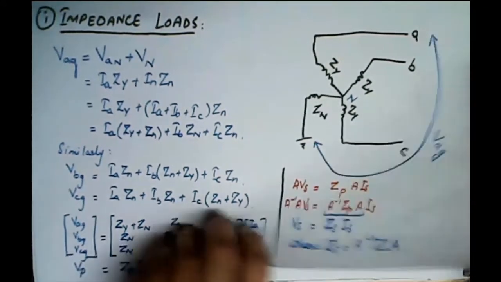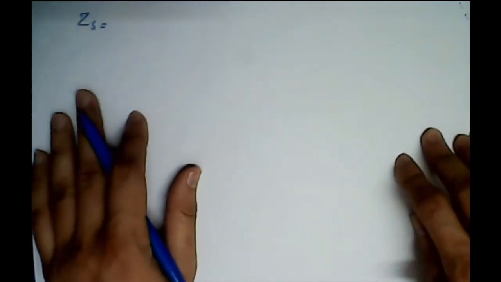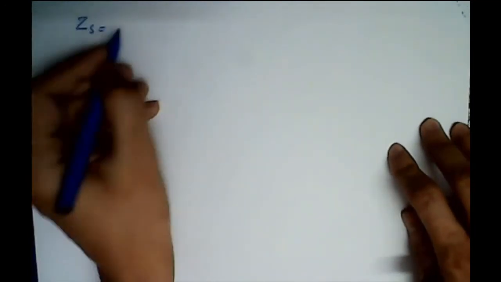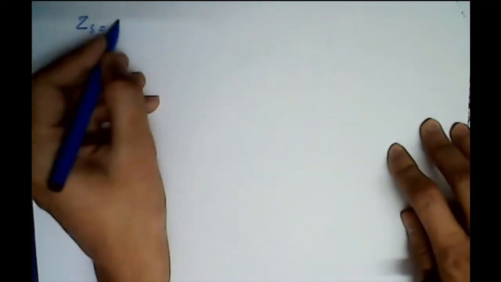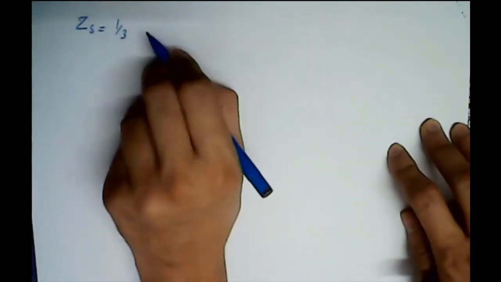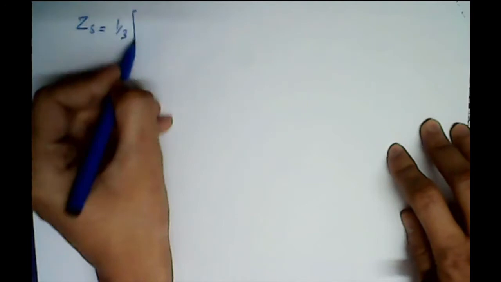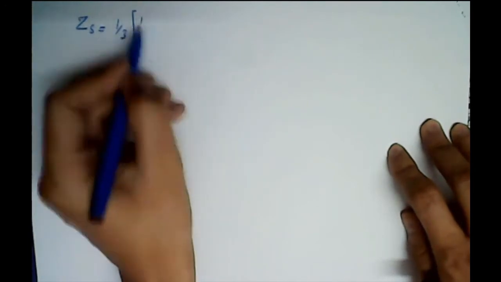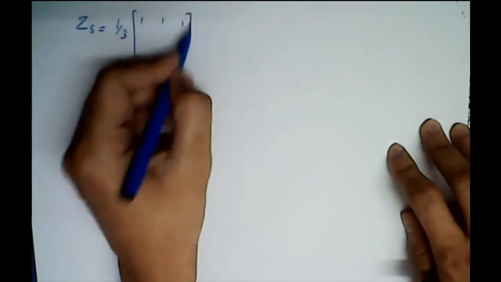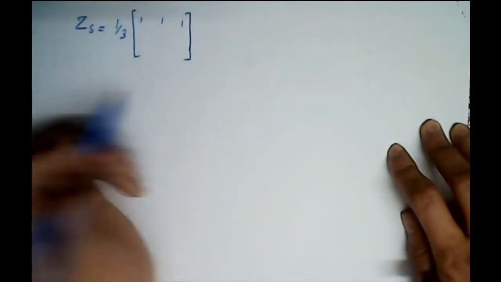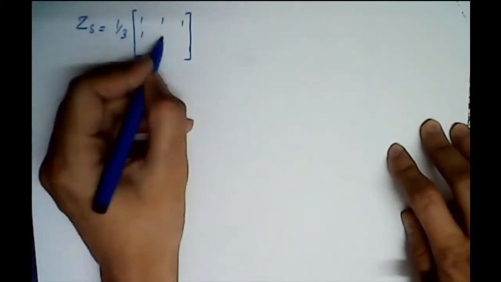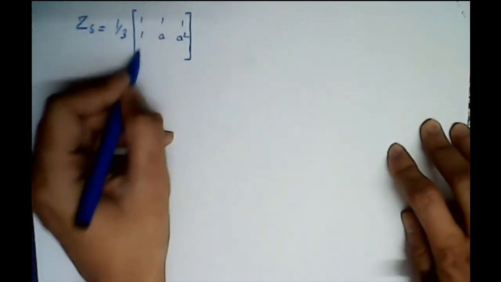So when we solve this, we will get Zs equals, A inverse is 1 over 3 times the matrix 1 1 1, 1 A square 1 A square A.